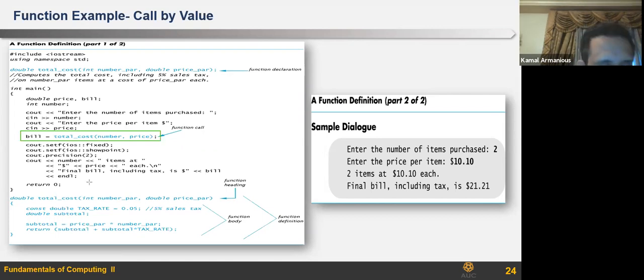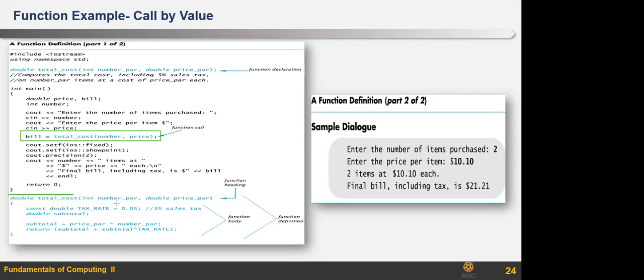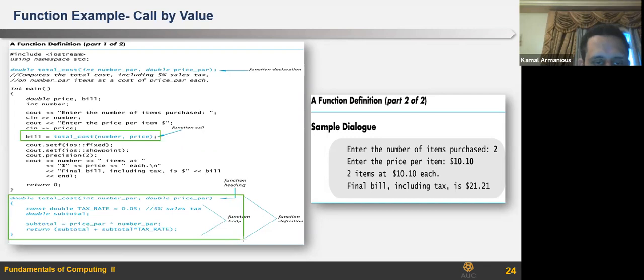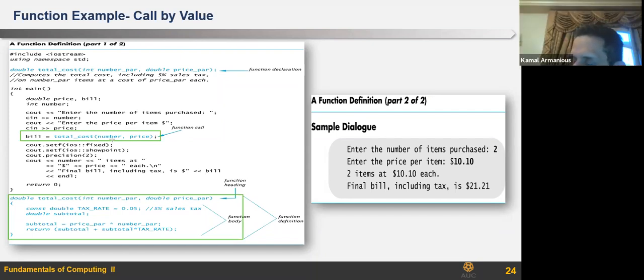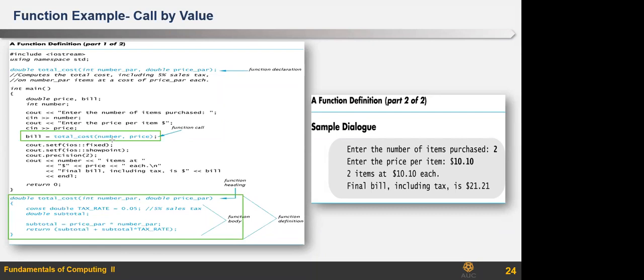So Yasin, coming back to you, where's the function implementation? Like at the bottom, double total_cost. Exactly. And where are the formal parameters and the actual parameters, if you recall this part from 106? The parameters that we are calling the function with, so it's being passed number and price as integers.